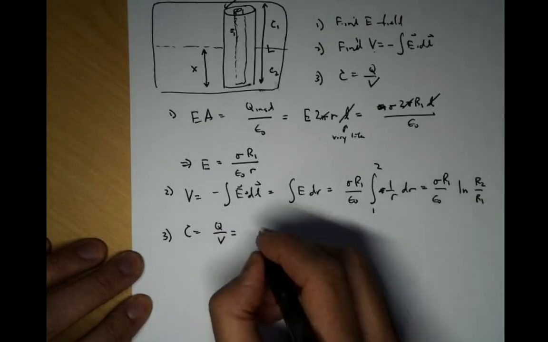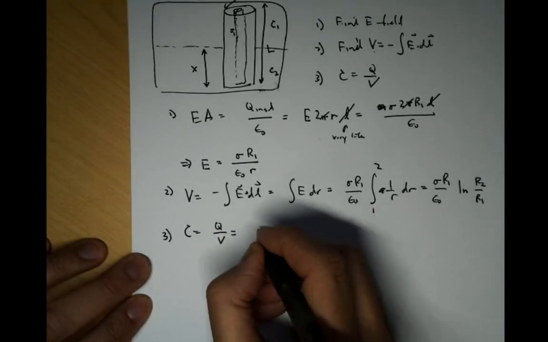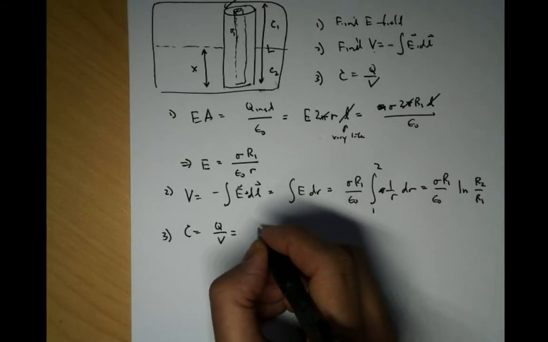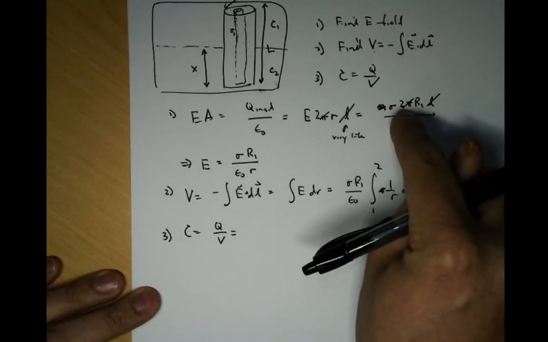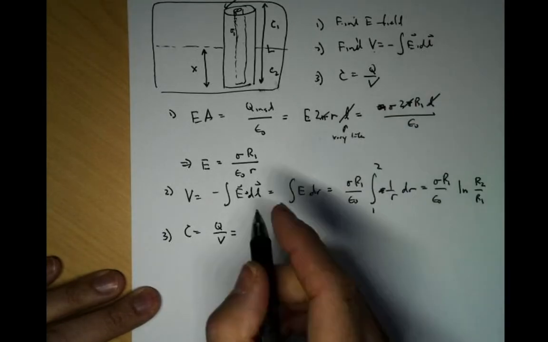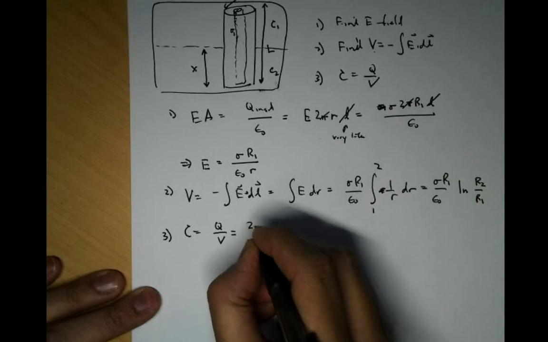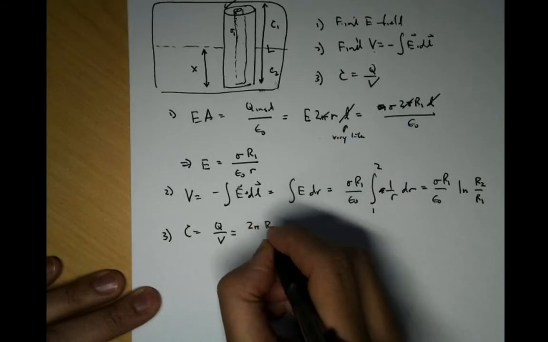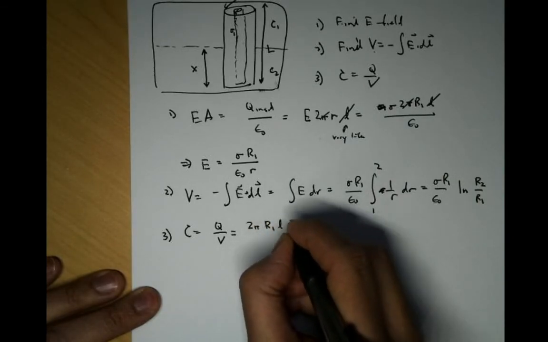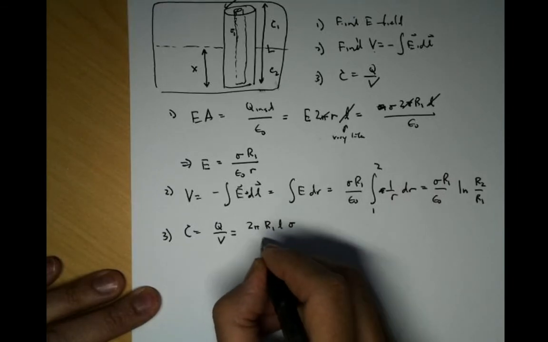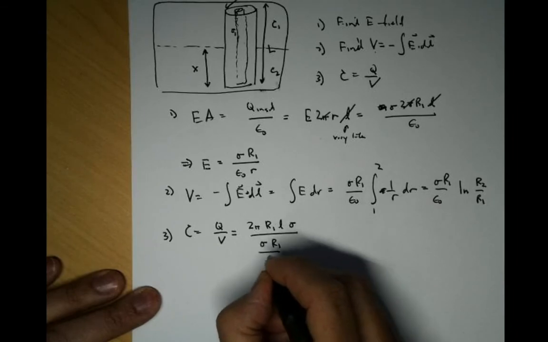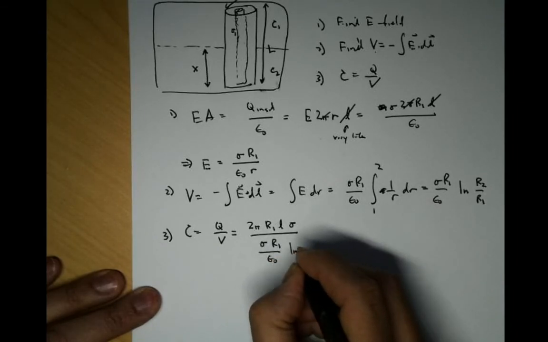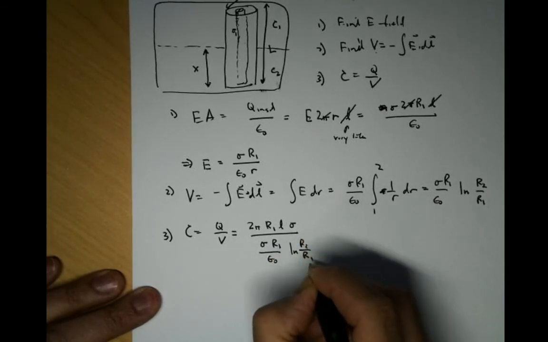So this is just going to be equal to q, which is slightly annoying. That's going to be q, I just figure out here, is 2 pi r1 L times sigma, divided by this one, sigma r1 over epsilon naught log of r2 over r1, okay?